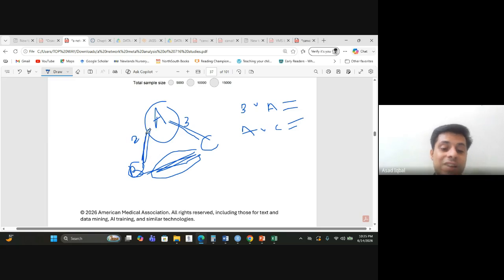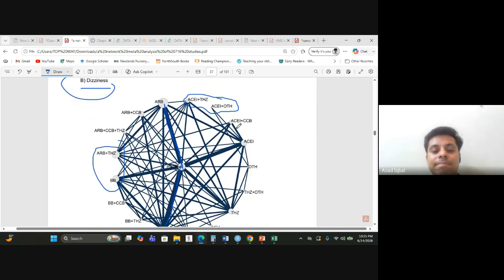That is the concept of transitive property. A is equal to B, and A is equal to C, so B is equal to C. We have this direct relationship, which is called direct evidence, and we can get the indirect evidence of B versus C.